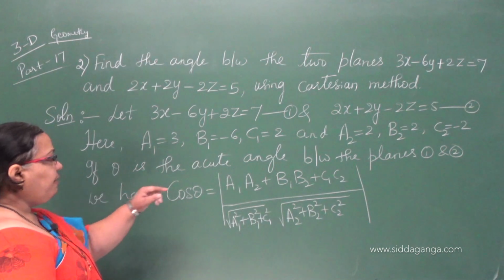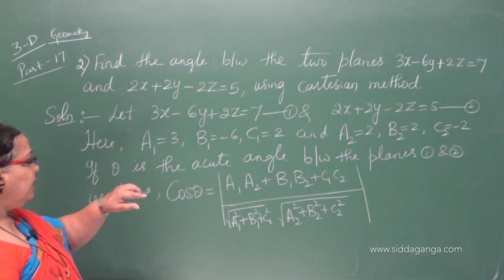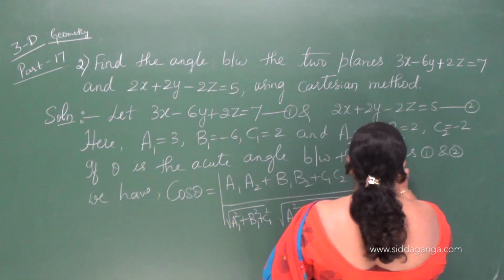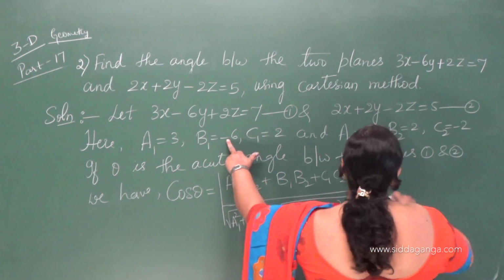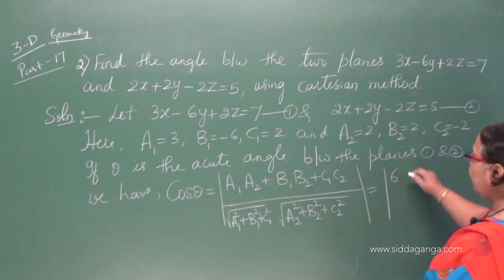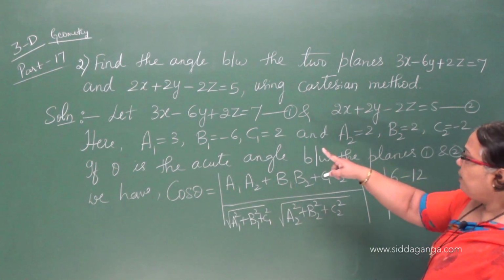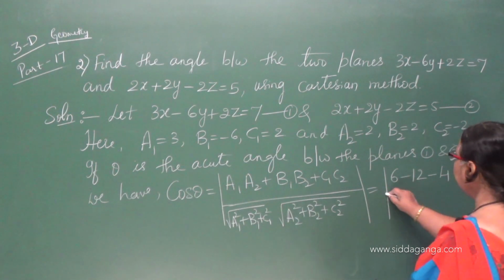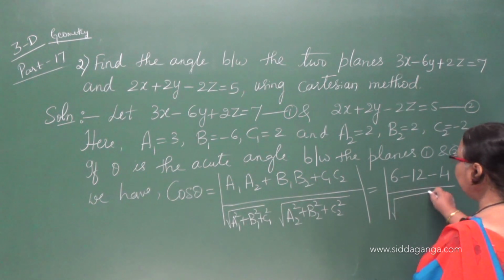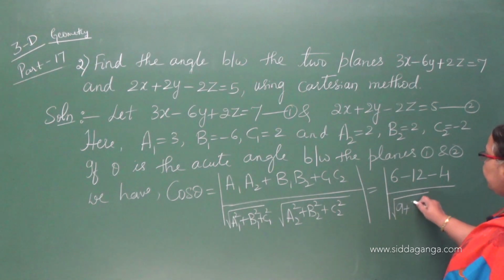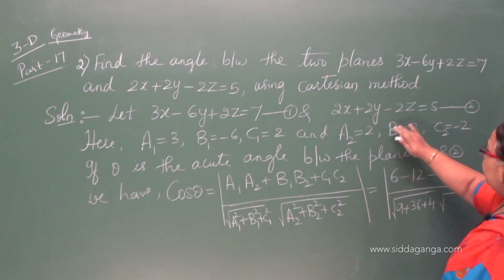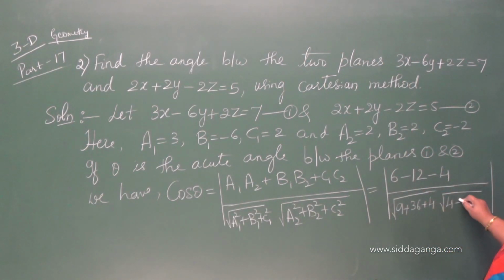Now you substitute the values. 3 2s are 6, next minus 6 into 2 is minus 12. c1 is 2, c2 is minus 2, plus into minus is minus 4, divided by root of 9 plus 36 plus 4, into root of a2 square plus b2 square plus c2 square.